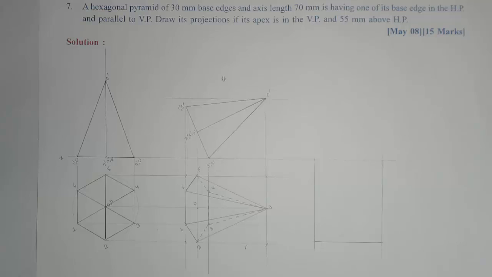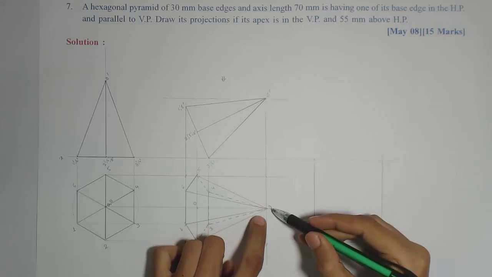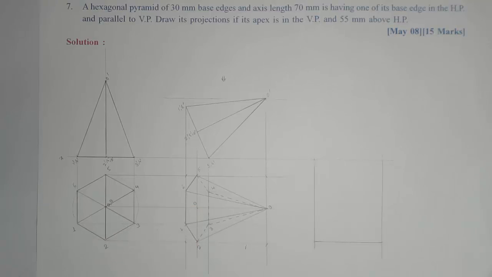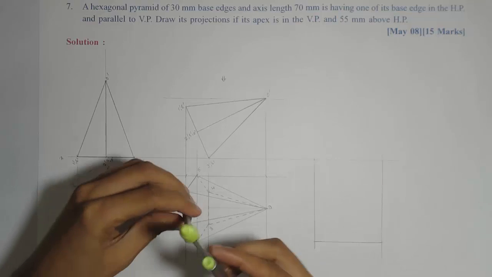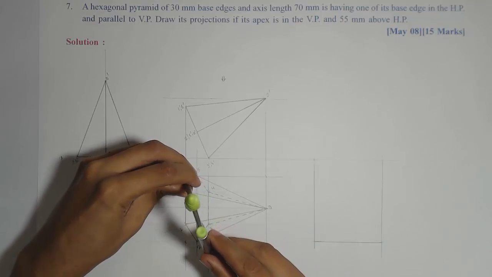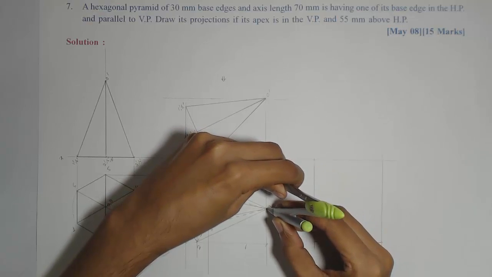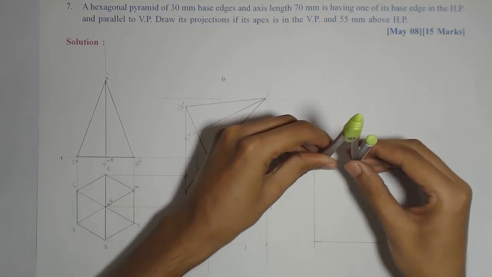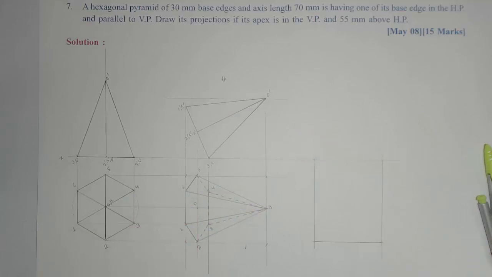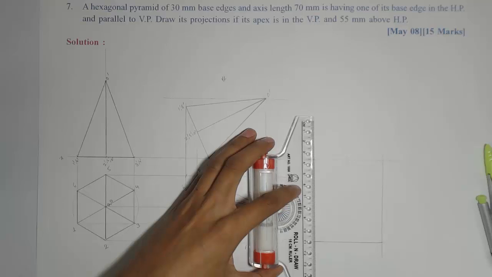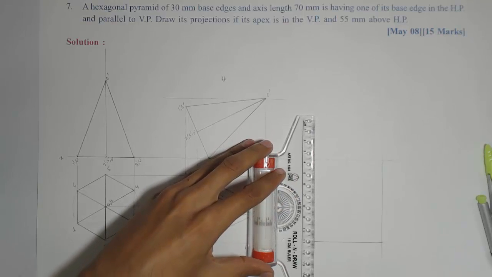So now, after drawing the rectangle in which this entire top view is included, we can mark the remaining points. For that, first I need to locate the center of this rectangle to mark O. So first I'll take this distance or this distance for marking the position of O. So O will be here, and on the same line we'll get the center of the base. So we will draw a parallel line from that arc.